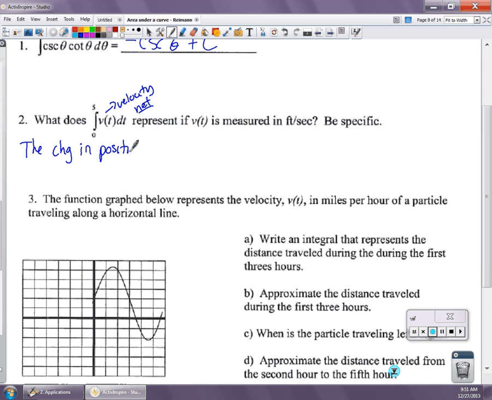You could also use the word displacement instead of position. The change in position measured in feet, because when you integrate a rate, you lose the rate. So if we find the antiderivative of feet per second, that takes us back to feet. The change in position measured in feet from 0 to 5 seconds.